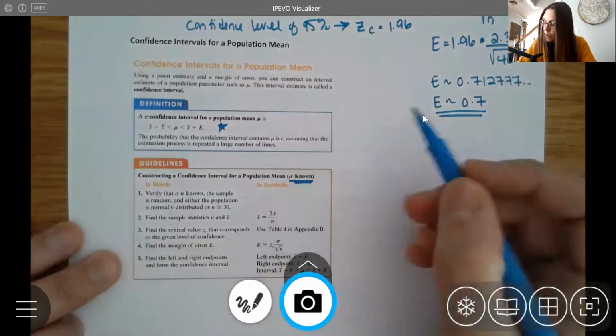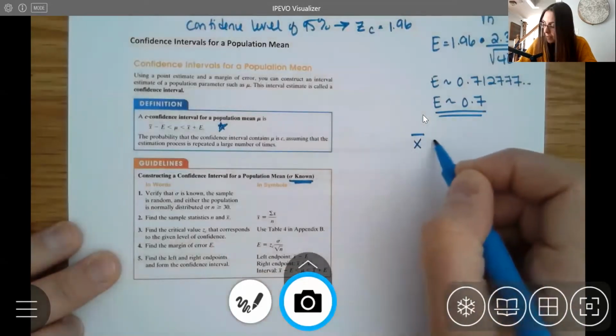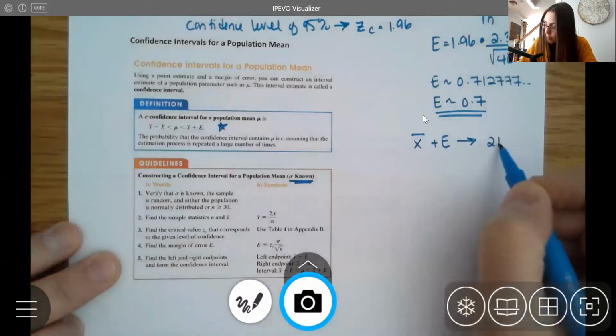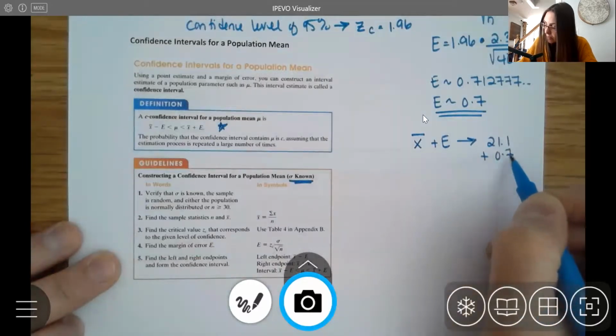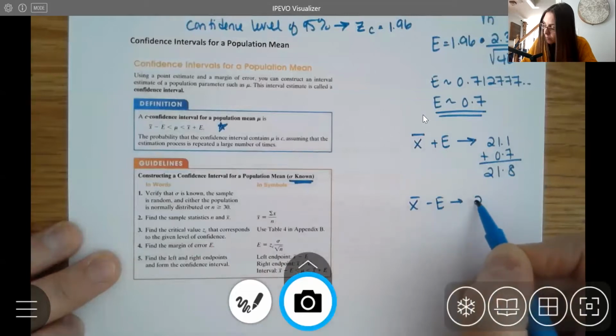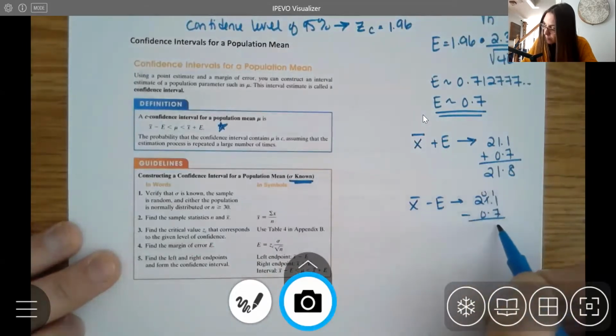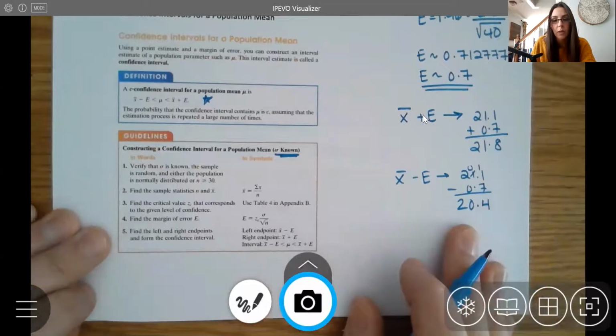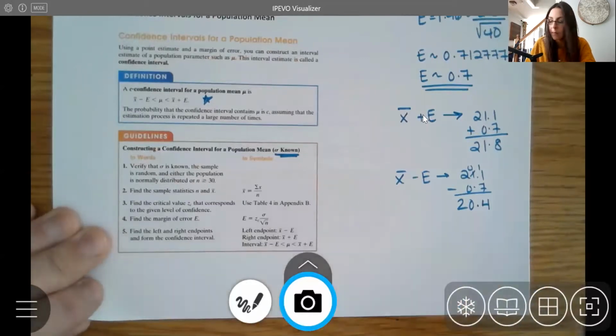I'm going to take my mean and add the error. So I have 21.1, and I'm going to add 0.7. Then I'm going to take the mean and subtract the error. So I have 20.4 and 21.8, and this is going to be my interval.